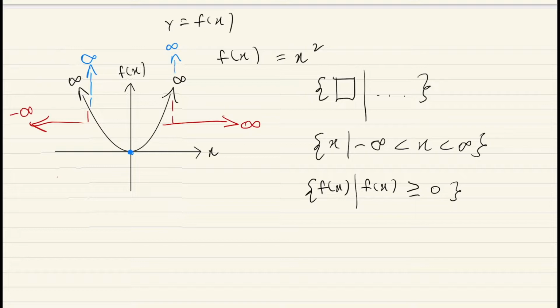So maybe you're wondering why it's not the same as x. Let's just look at the function itself.